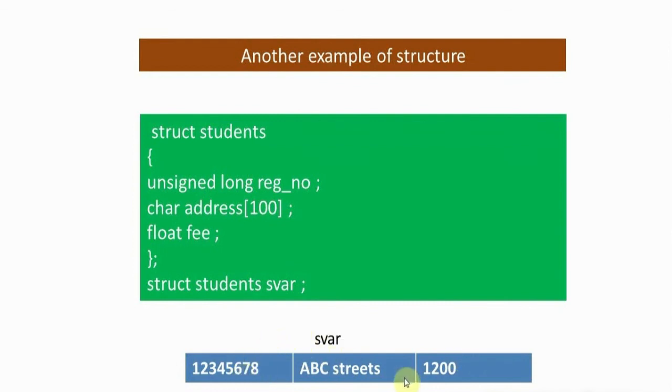So these are hypothetical values; these values could be anything. This is the space for registration number, this is the space for the member address, this is the space for the member fee, and this whole thing will be referred to as the name svar, which is nothing else but the name of your structure variable. So always remember, a structure variable is a physical entity. That means it occupies space in the memory.